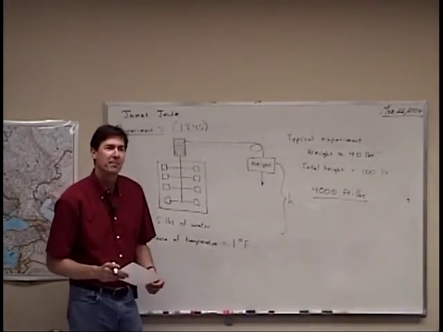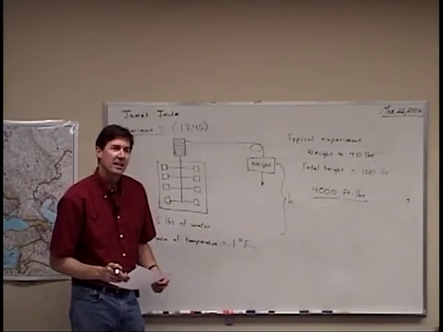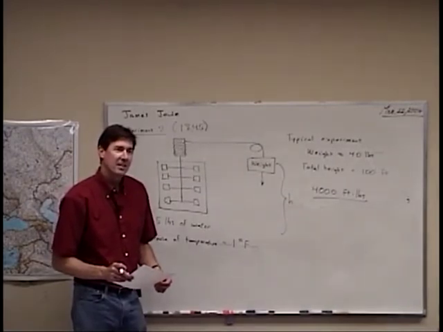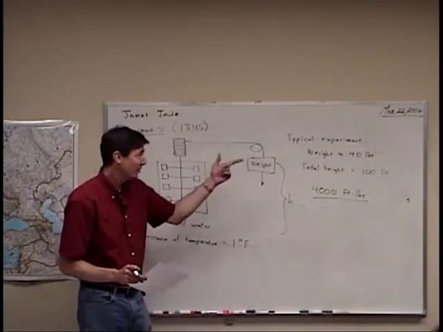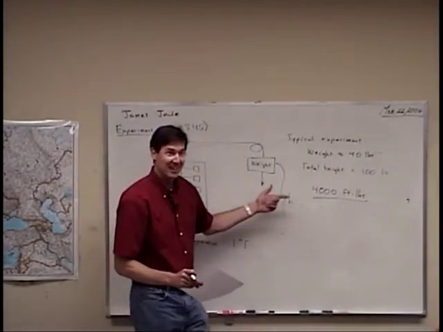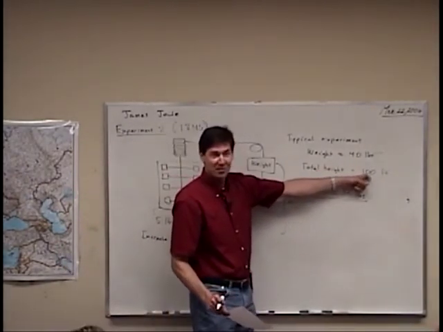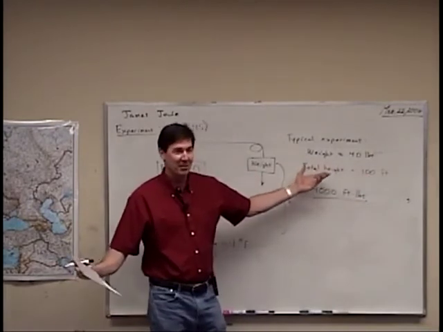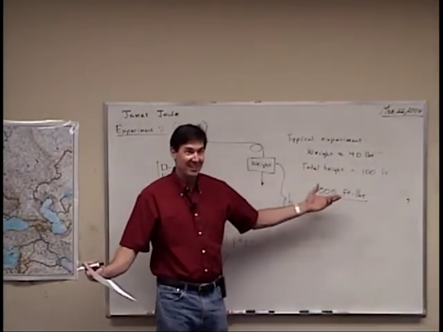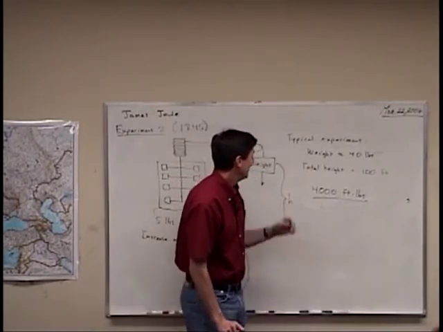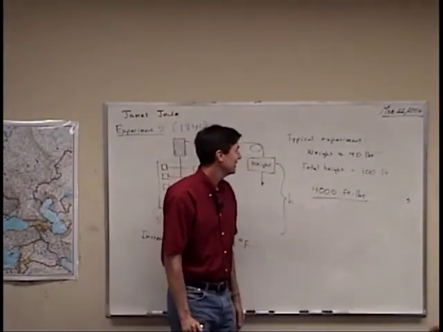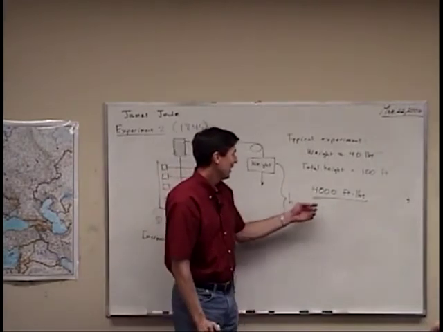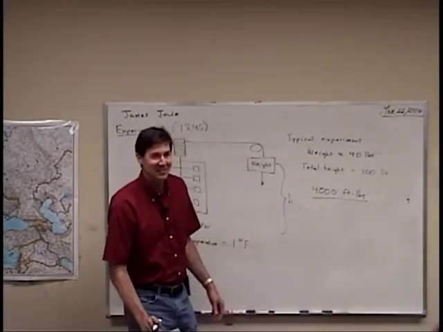So it'll be the same increase of temperature, 1 degree, if you have a 4,000 pound weight dropping only 1 foot, or a 400 pound weight dropping 10 feet, or a 1 pound weight dropping 4,000 feet.